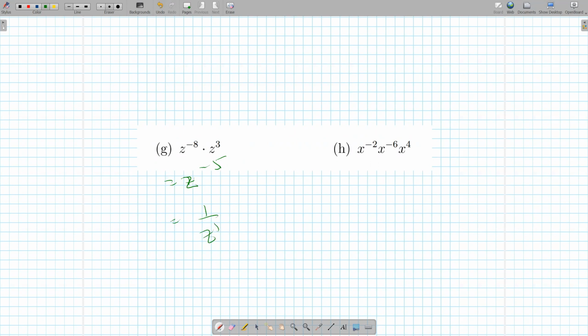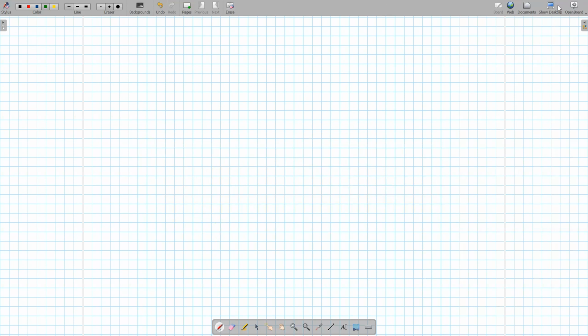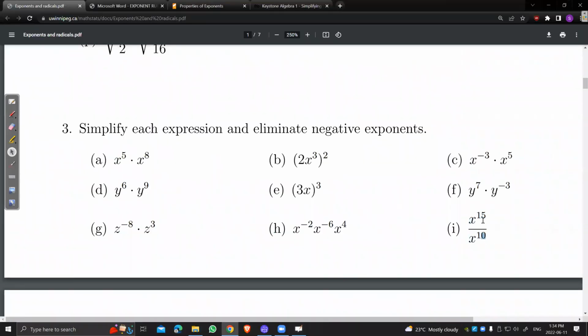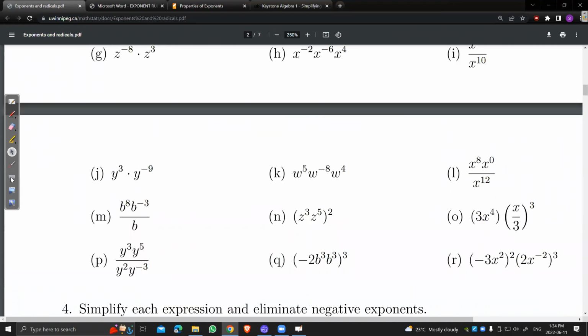Okay, H. One over x to the power of 4. Yeah, that's right. Good job. One step, right? All these are one steps. I, that'll just be x to the 5. Do you agree? Let's do some difficult ones because now it's getting a little bit too easy.